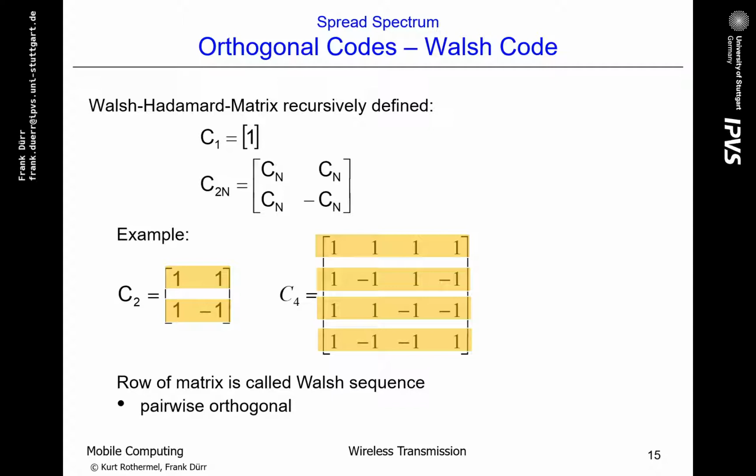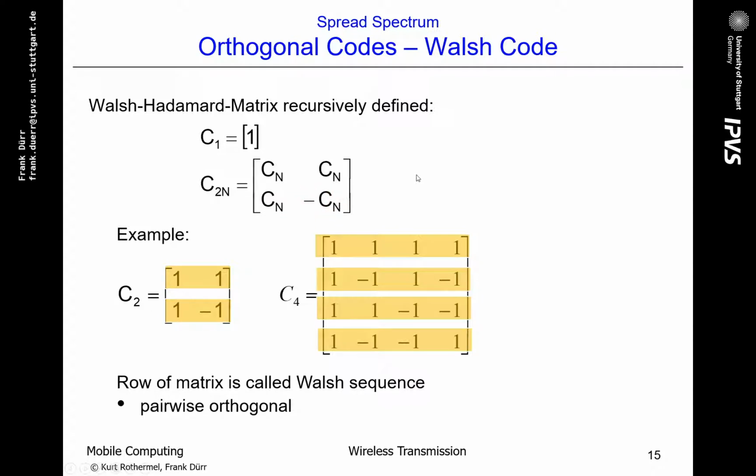So how can we create codes for multiple concurrent senders? We can do that recursively. So we can double the number of possible concurrent senders by creating the next bigger matrix using the previous size matrix. So for instance here in that example, we take this matrix here and we plug in the values of this matrix at the top left in a non-inverted form, at the top right in a non-inverted form, at the bottom left in a non-inverted form, and at the bottom right in an inverted form.